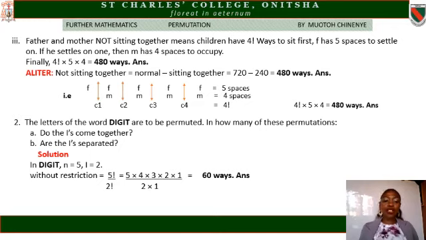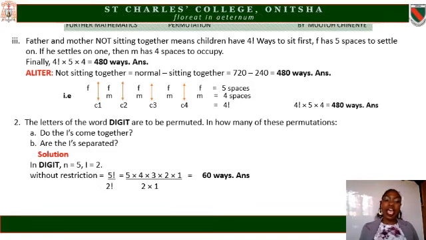So if we are doing it without restriction, we have 5 factorial over 2 factorial. Remember, without restriction, as I have said, means there is no condition. Arrangement can be done anyhow you like. In that case, when you simplify 5 factorial over 2 factorial, you are going to have 60 ways.